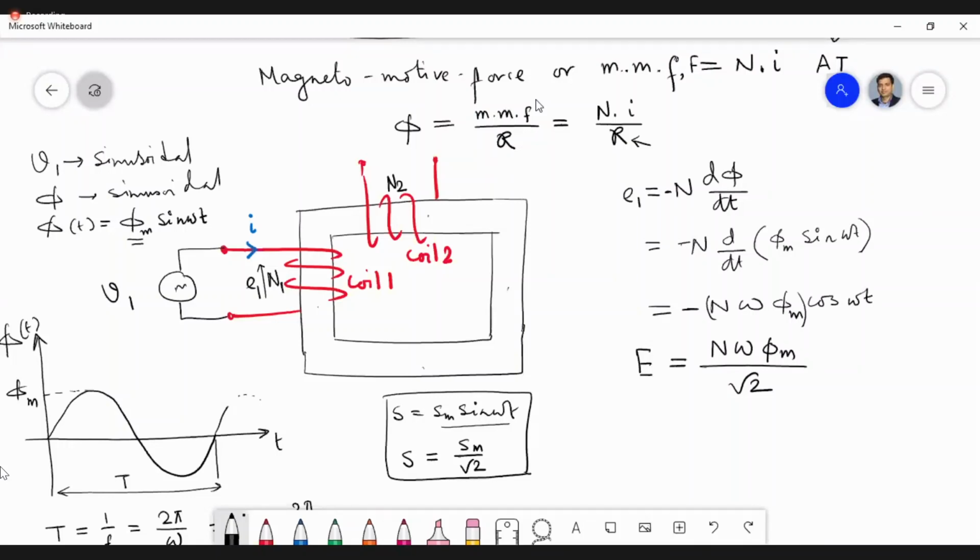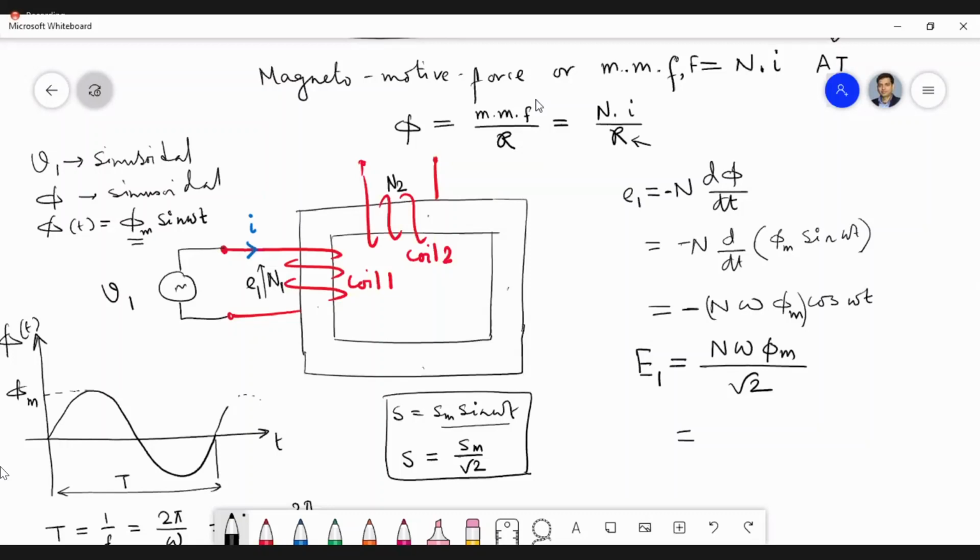At the beginning itself, I assumed the voltage source is an alternating voltage source, that is, sinusoidal. And by that assumption only, we can get this E equals this. This capital E1 is the RMS value of this sinusoidal voltage waveform.